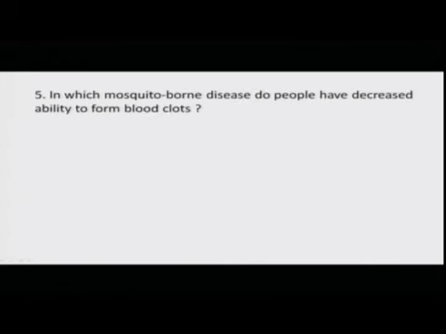Now, I will ask you a question that requires a little bit of general knowledge or general awareness about the conditions right now. So, if I ask you, in which mosquito borne disease do people have a decreased ability to form blood clots? You might have heard about this already in the newspapers, that is dengue.